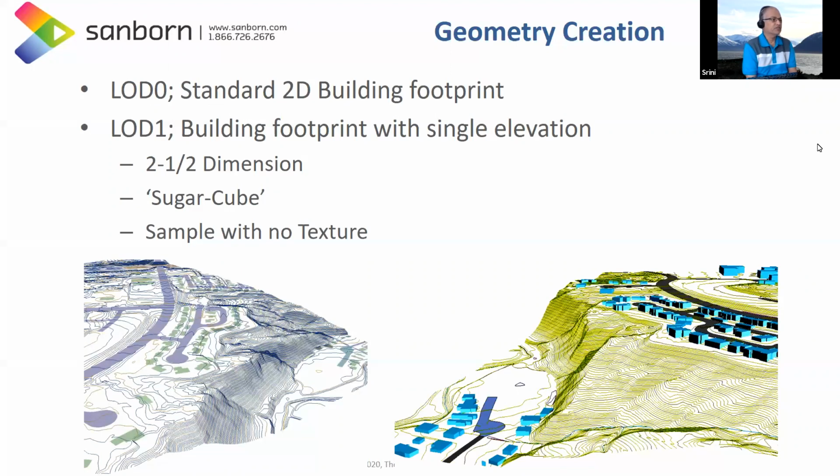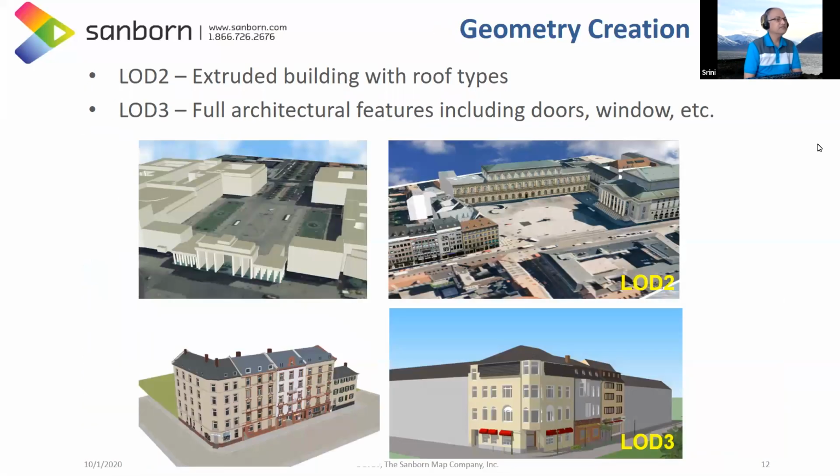It is primarily a sugar cube, and the figures you are seeing on the bottom, on the left and the right, have no texture. What you are seeing on the left is an example of LOD 0. That means there is no Z value. Whereas what you are seeing on the right-hand side is LOD 1, where the highest point on the building is captured, with no texture. Next slide, please.